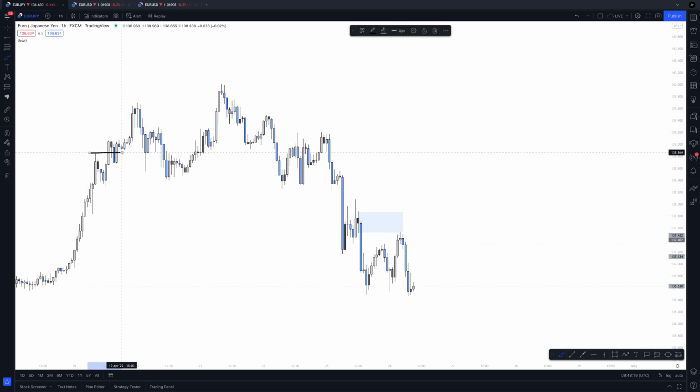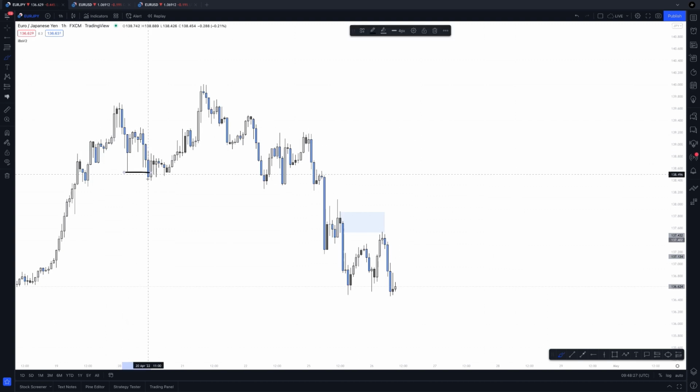We start to make this ascending price action, breaking the highs and retracing, breaking the highs and retracing, price showing us that it doesn't have momentum to continue. Then we started to go to the downside, making this ascending, descending price action. We already know that when we make ascending, descending price action, price is going to be corrective.